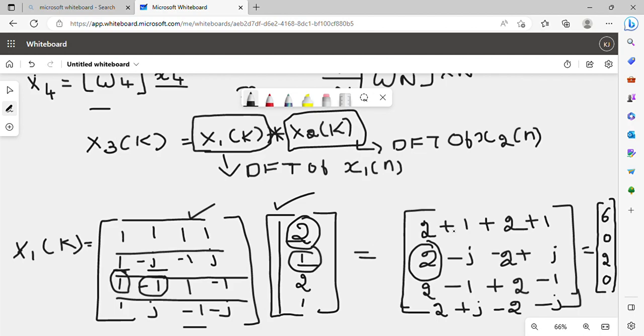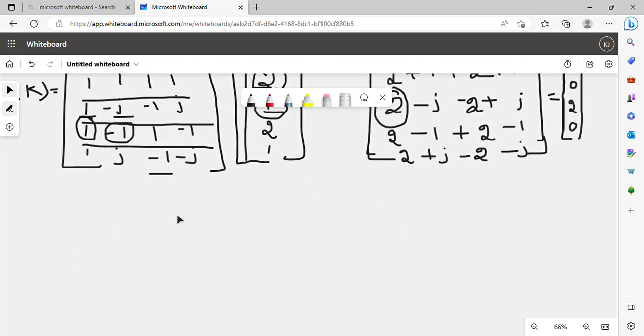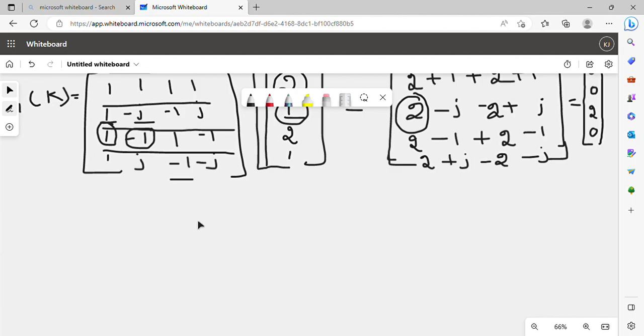Yes. DFT concept we have discussed, and now if I come forward, I got x1 of k. So now I need x2 of k. To get x2 of k, this whole matrix should be multiplied with this 1 2 3 4. Here instead of 2 1 2 1, it is 1 2 3 4. So let me write, my x2 of k is equal to.